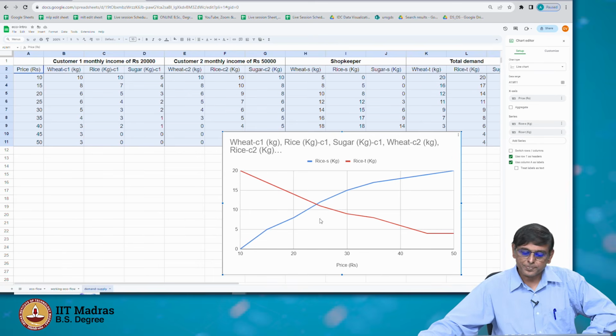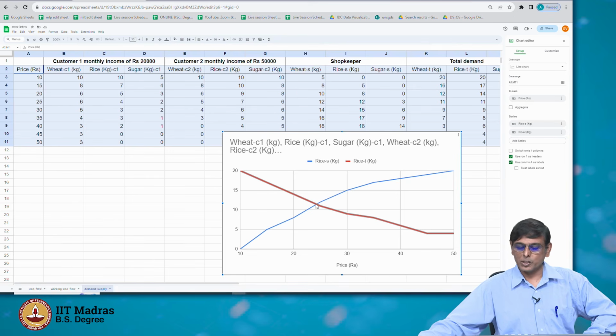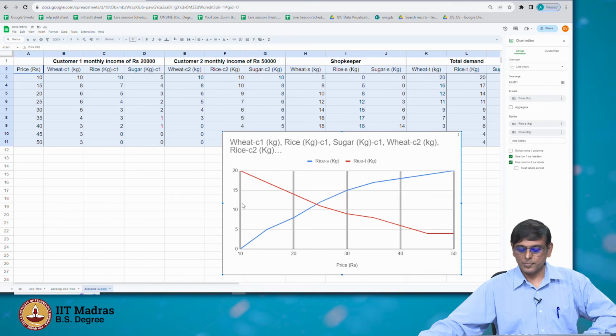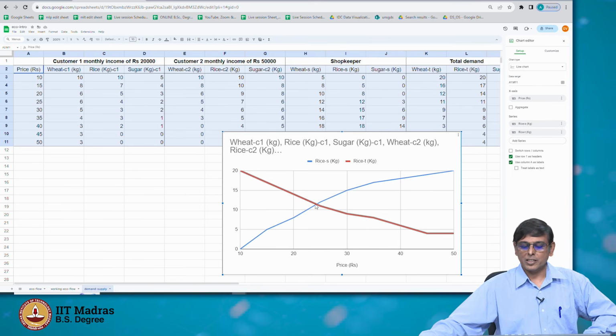So you can see here that they are crossing over here. So roughly between 20 and 30 rupees somewhere is where the equilibrium is forming. And roughly about 12 kilos or something of rice is getting sold.